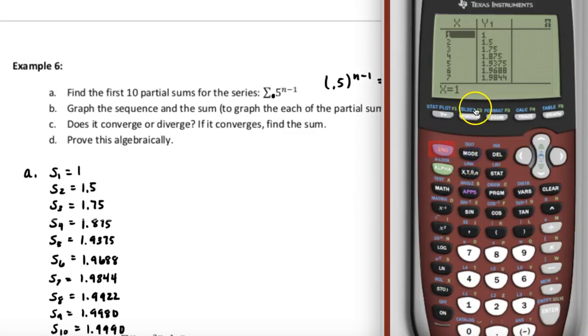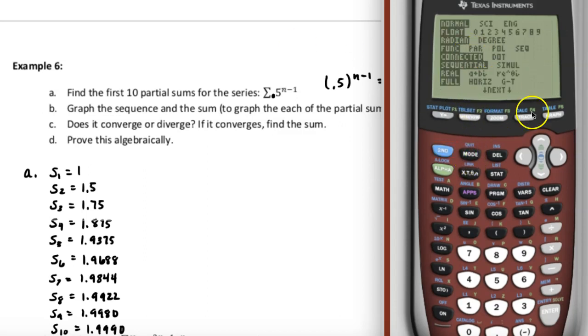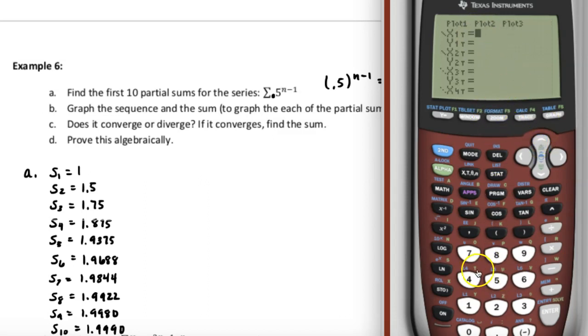I'm going to switch my mode over to parametric, and I want to switch this from connected to dot. And I can graph the sequence and then the sum. Let me just start by graphing the sequence. I'm going to allow my x to be equal to t, and my y will be equal to 0.5 to the power of t minus 1.